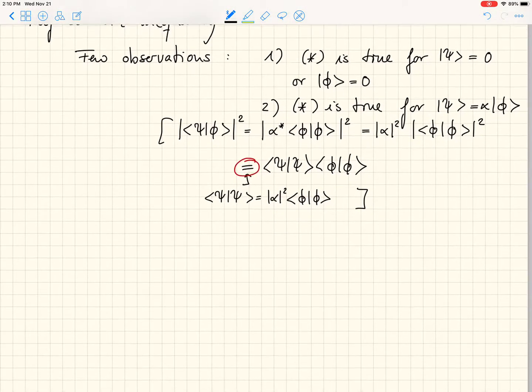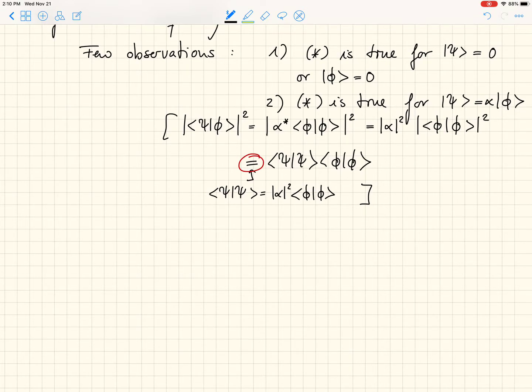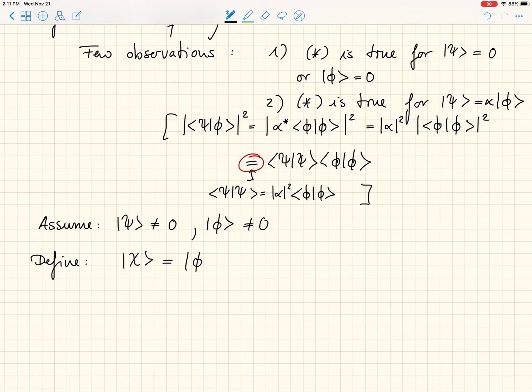Okay, so then if we want to prove the general Schwarz inequality, we can assume that neither phi nor psi are equal to 0. So psi is not equal to 0, and phi is unequal to 0. And that lets us define and use quantum state chi, which is equal to phi minus the inner product of psi and phi divided by the inner product of psi and psi, times psi.